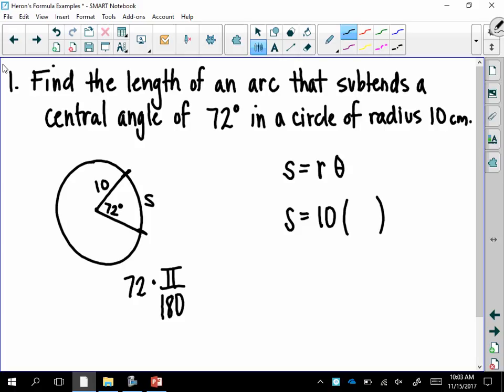So what do we get for that angle? 2/5 pi. And so the length of that arc would be 4 pi centimeters, or rounded would be 12.56.